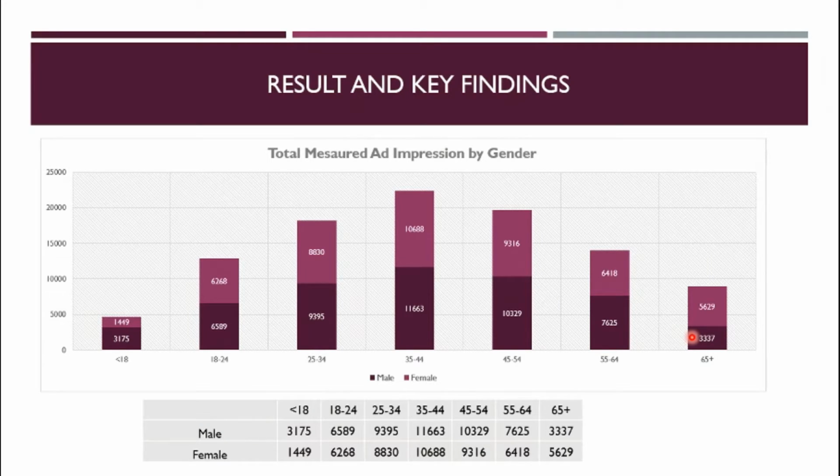According to the total measured ad impressions by gender, most of the ad impressions were made on males, and again the age group 65 plus is where females outnumber males quite a lot.